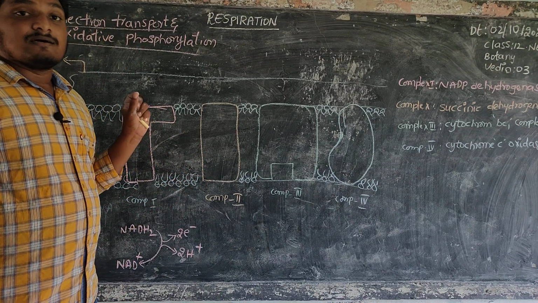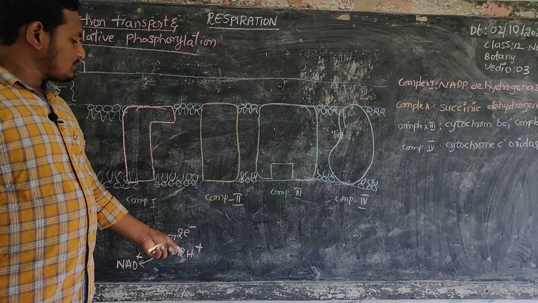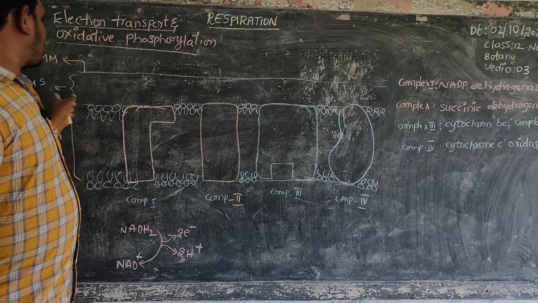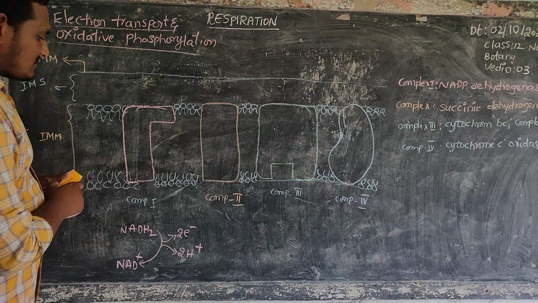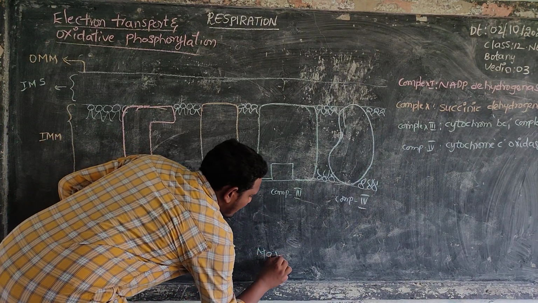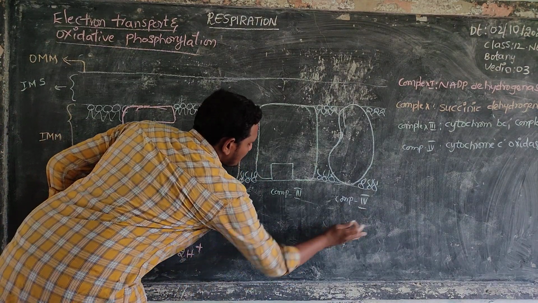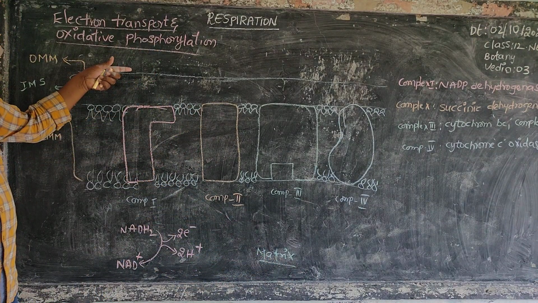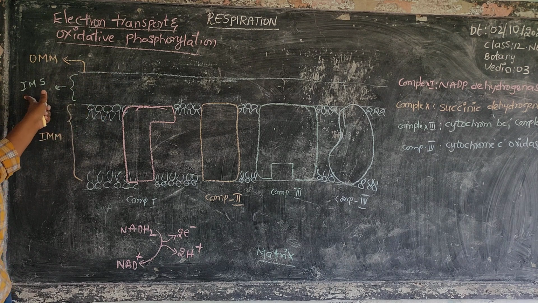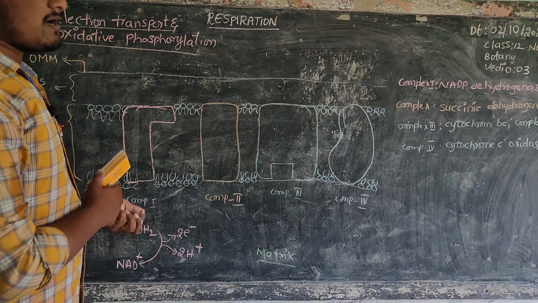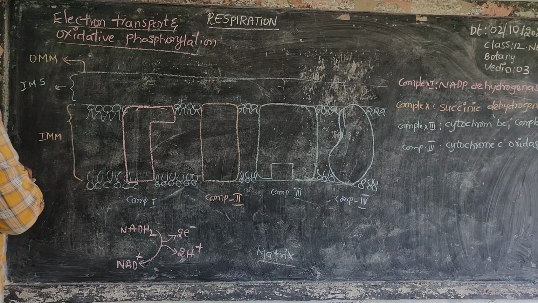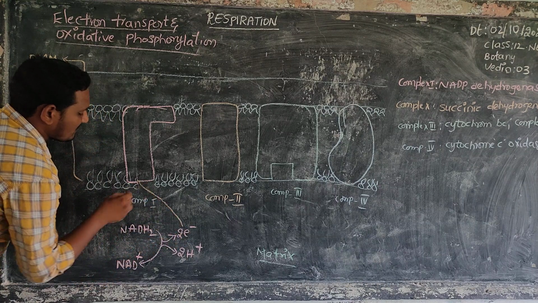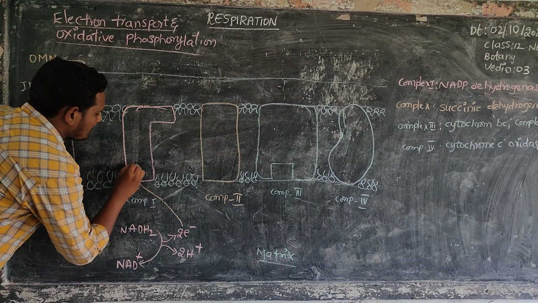The proteins release some energy. That energy is used for pumping these protons from the matrix to the intermembrane space. This space is totally the matrix. Matrix, inner membrane, outer membrane. The space between them is the intermembrane space.